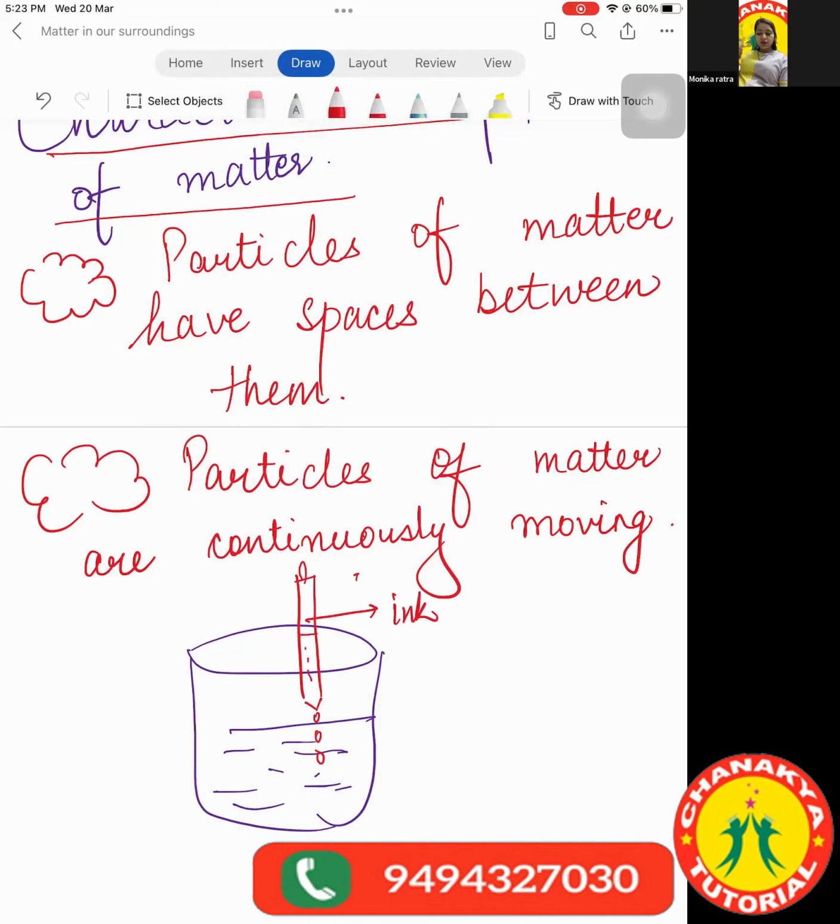What is going to happen if we try to put ink in water? The water will change its color into red. Right? The ink goes inside the water, which means the movement of ink occurs from the top till the bottom and everywhere, and the entire water color changes to red.